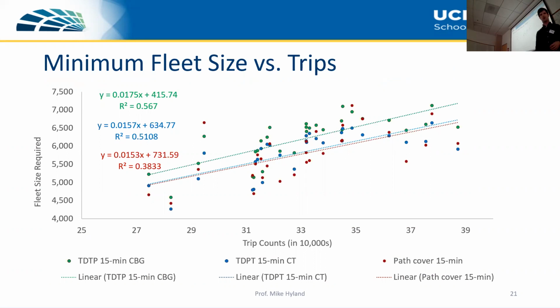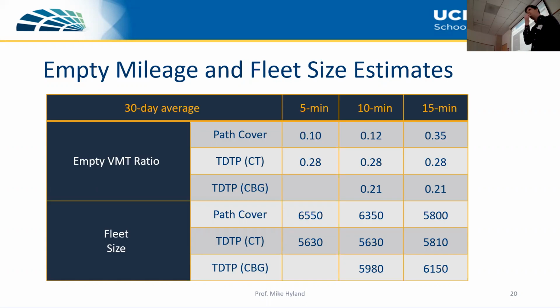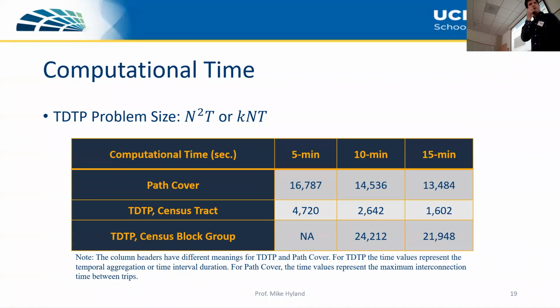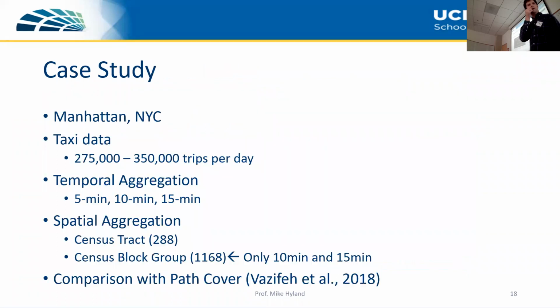Yeah, go ahead. Question? In the spatial aggregation, even in 10 to 15 minutes per census block group, how much time does it take to cover one given block? Like, what is the maximum?